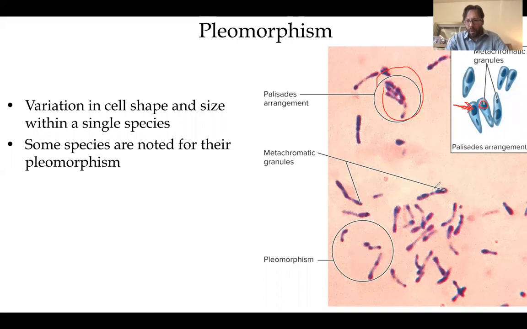And that's what you can see right here. Okay, and then you have these guys where that's almost got that Vibrio pattern to it. So different types of shapes for one species of bacteria is pleomorphism.